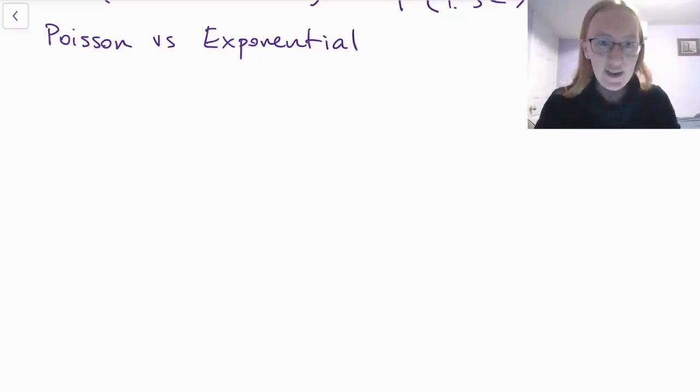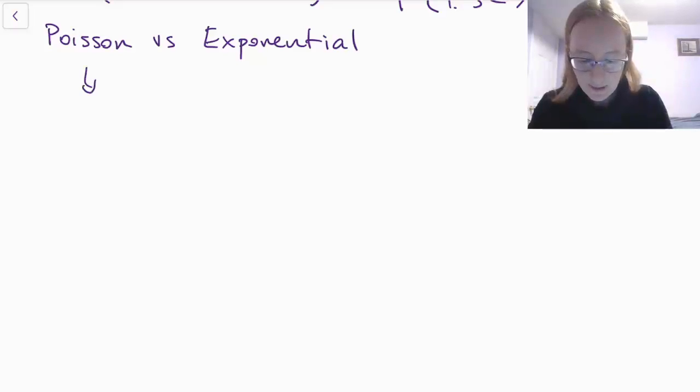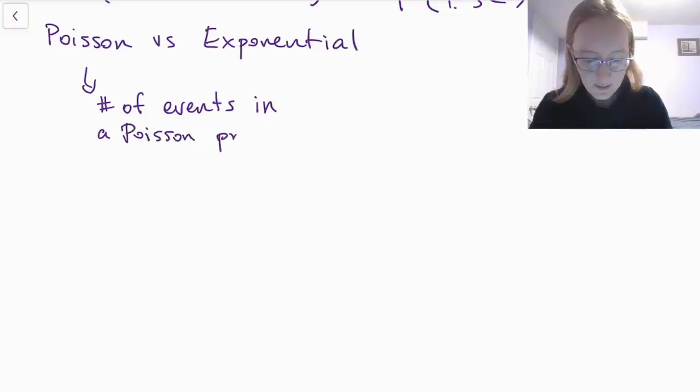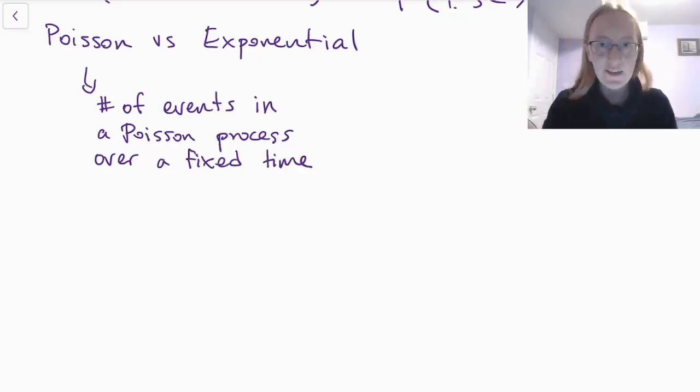Great question. So they're both very closely related to each other. We know that a Poisson is counting up the number of events in a Poisson process over a fixed time, or space, whatever, a fixed interval.